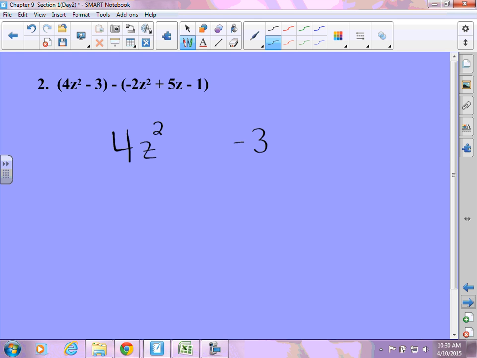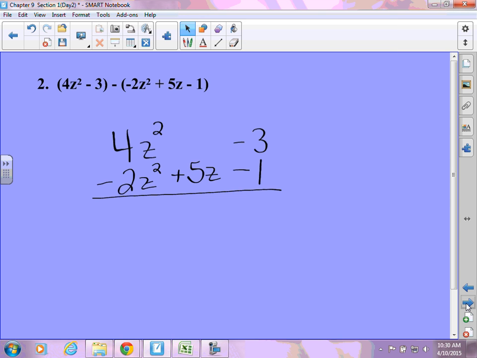All right. Let's take this second one. I've got minus 2z squared plus 5z minus 1. Okay. And you'll notice that it asks me to subtract. So I'm going to put a minus out here, and I'm going to cup it. And I'm going to put a little 0 in here just as a placeholder. All right, now this can be tricky, very similar to elimination, so you gotta be careful.